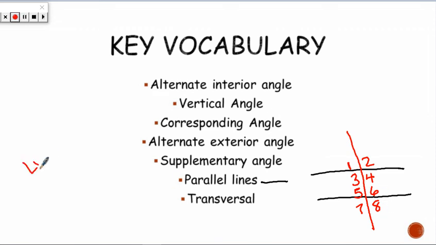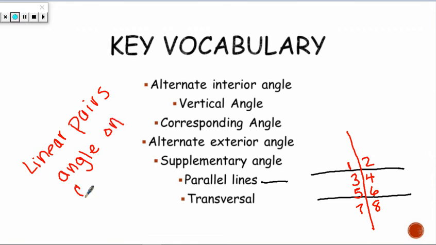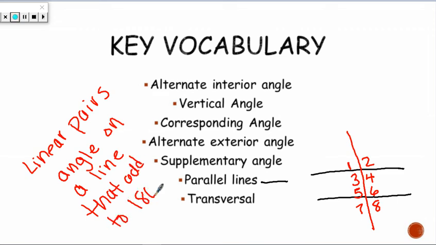And again, linear pairs means when two angles add together to give you 180. Supplementary angles are also angles that add to give you 180 degrees.